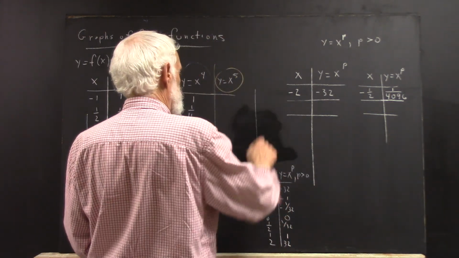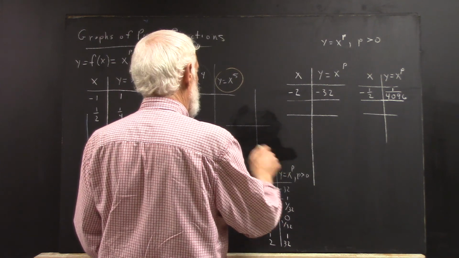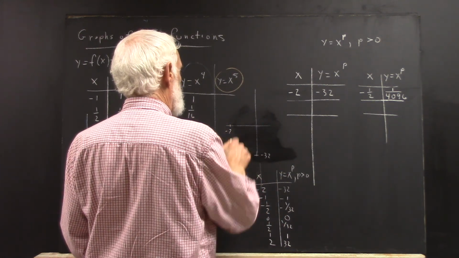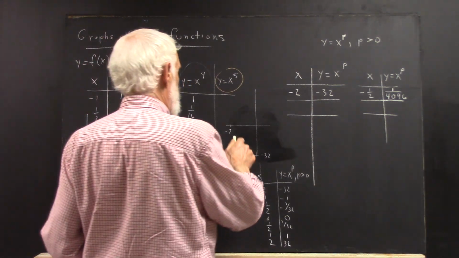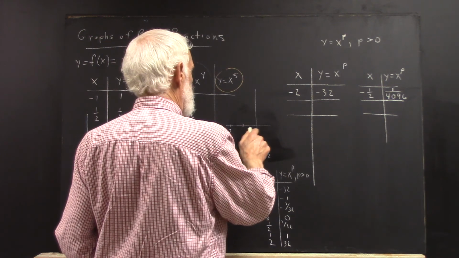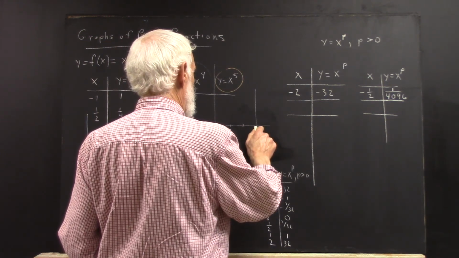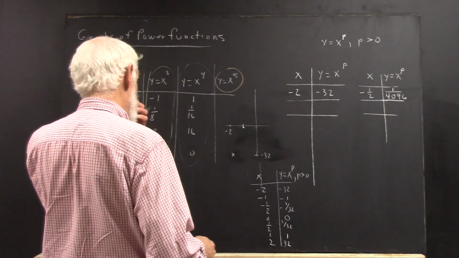Okay, so say negative 32 is down here, and negative 2 is here. So there's a point on our graph. Now we know that at negative 1, the value of this thing is going to be negative 1. That's going to be very close to the axis on the scale I'm using here.